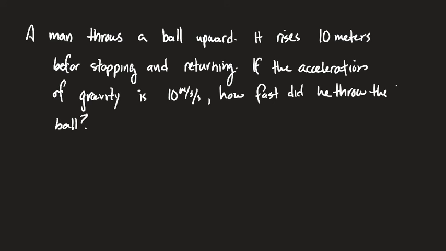If the acceleration is 10 meters per second squared, how fast did he throw the ball? These problems should always be easy to identify as being motion problems. They're going to give you things like displacement, velocity, times, accelerations. What you should be endeavoring to do is figure out which of the 3 they've given you in order to solve for the one that is being asked.